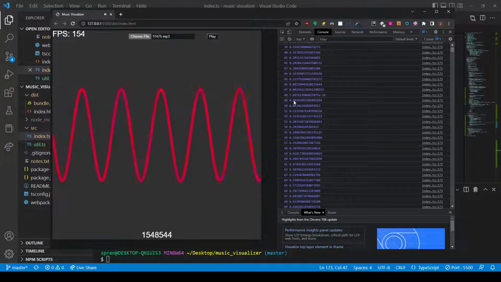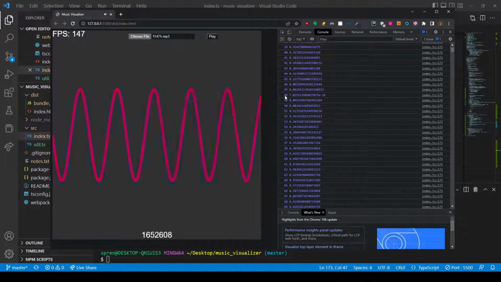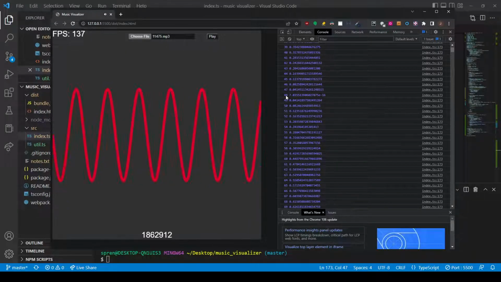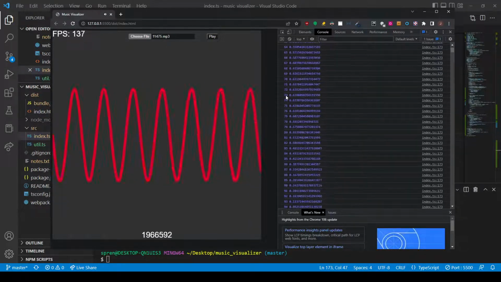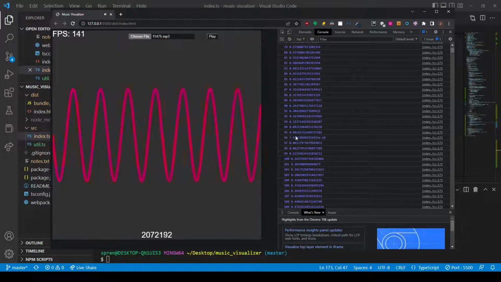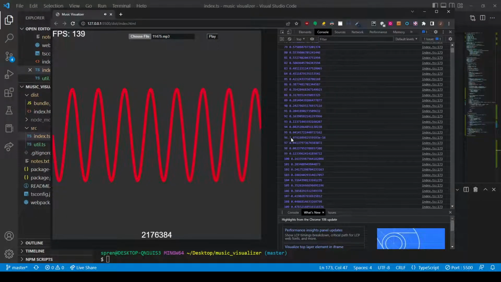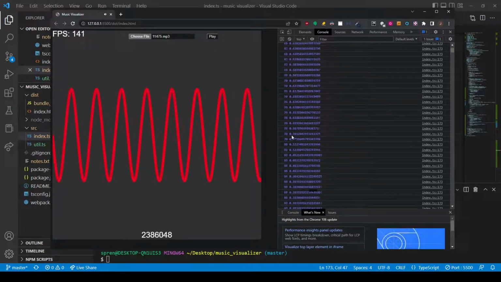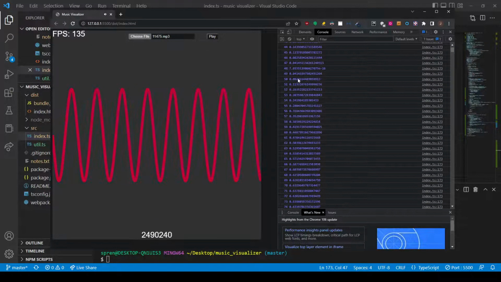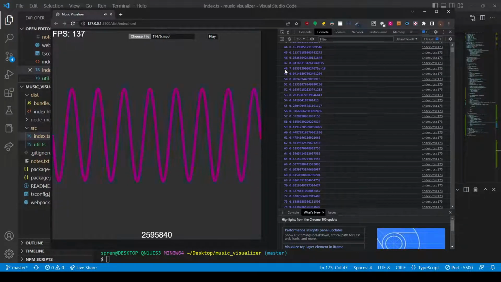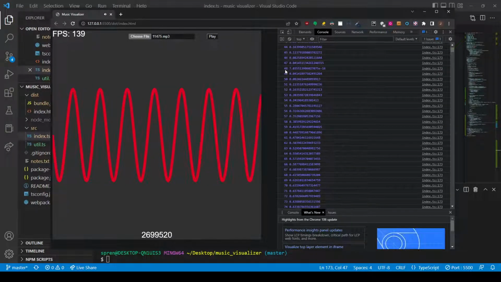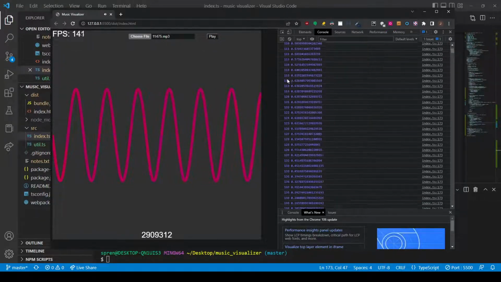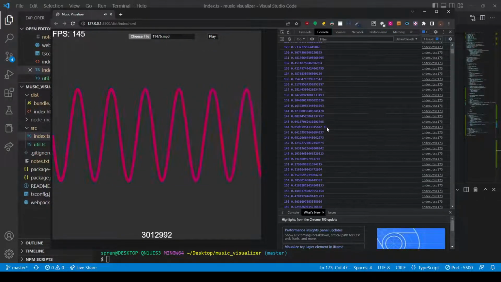E minus 16. But, okay, 48 times 2 is 96. I bet if we come over and look at 96, almost exactly the same value. Yes, and if we come over and look at 48 times 3, which is 144, we see that again.